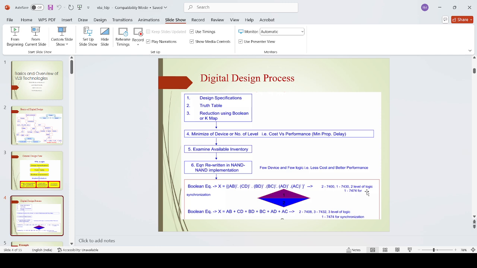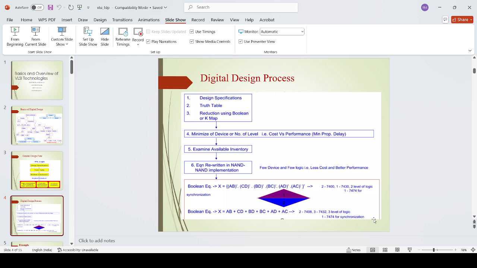And if we implement this second Boolean equation, then it requires two 7408 gates, three 7432 gates, 3 levels of logic, and one 7474 for synchronization.